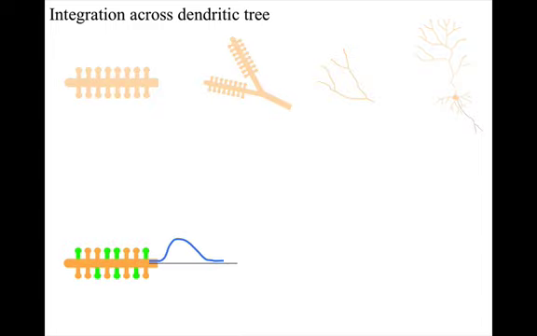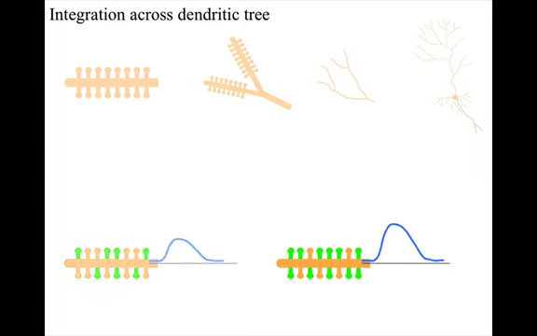So if within the integration time, enough action potentials arrive at different synapses on the same terminal branch, and I've indicated the arrival of an action potential by colouring the synapse on its spine green, if there's enough, then a dendritic action potential will be initiated out of the branch, travelling deeper into the dendrite.